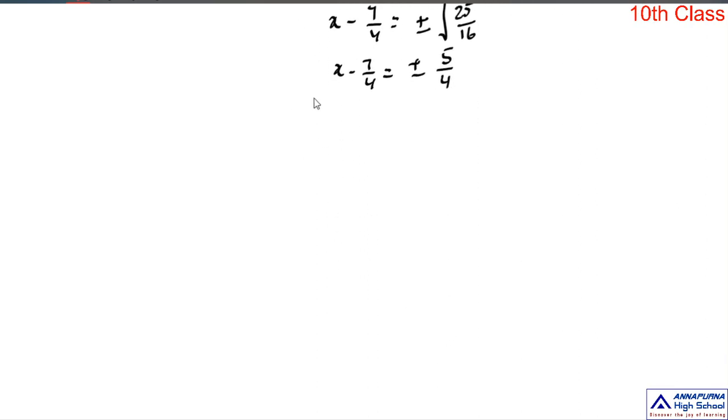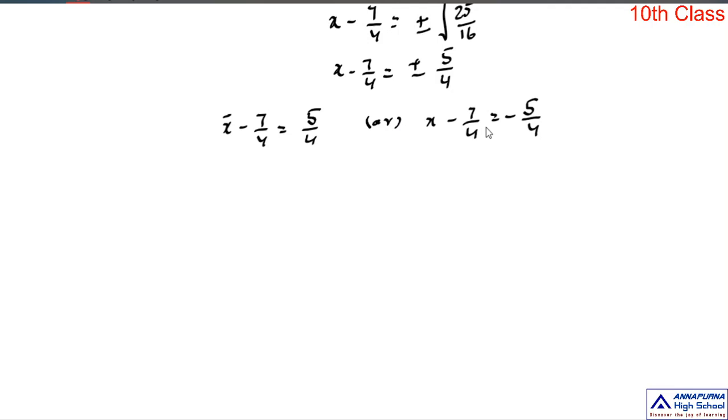Okay, so from this, first we take plus 5 by 4 and next we take minus 5 by 4. So x minus 7 by 4 is equal to plus 5 by 4, and x minus 7 by 4 is equal to minus 5 by 4.